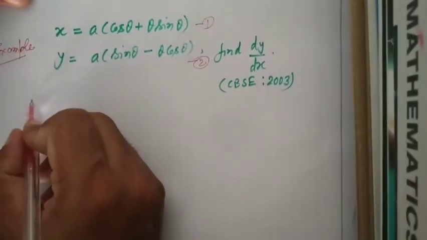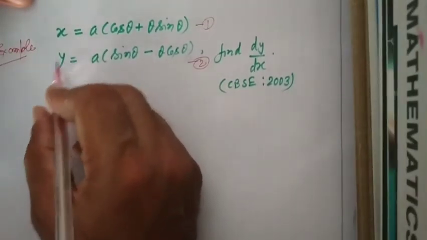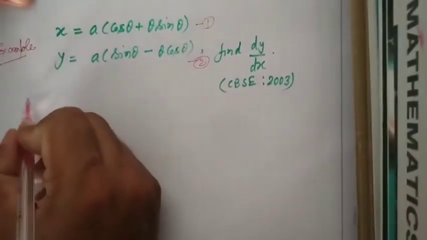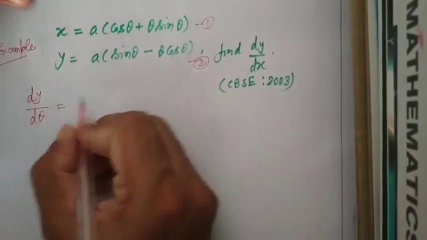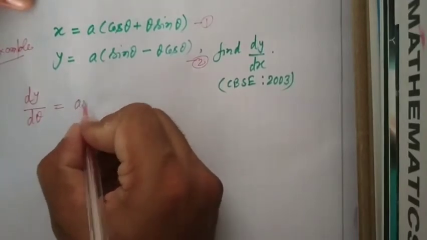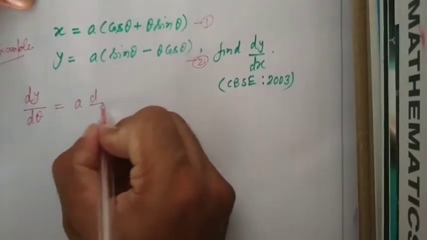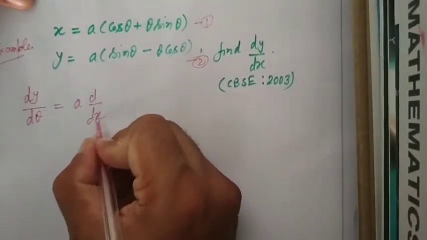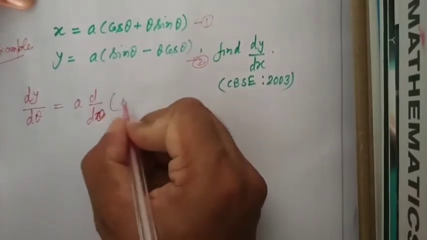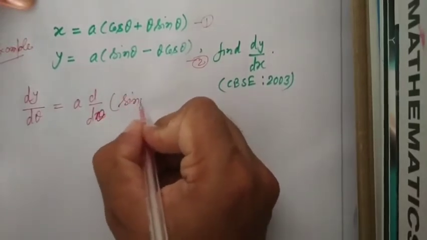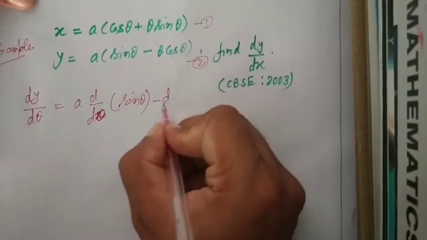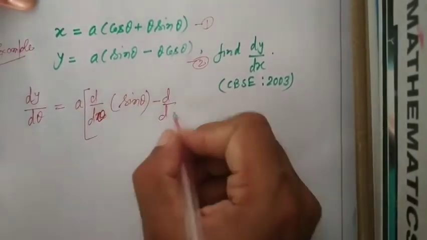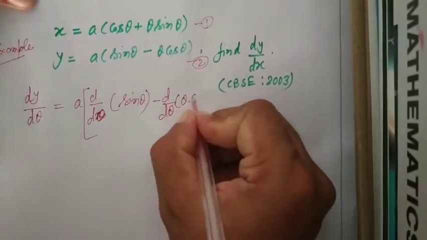So let's differentiate the first equation of y with respect to theta. What we get: dy by d theta, a is a constant which will come out, so a times d by d theta of sine theta minus d by d theta of theta times cos theta.